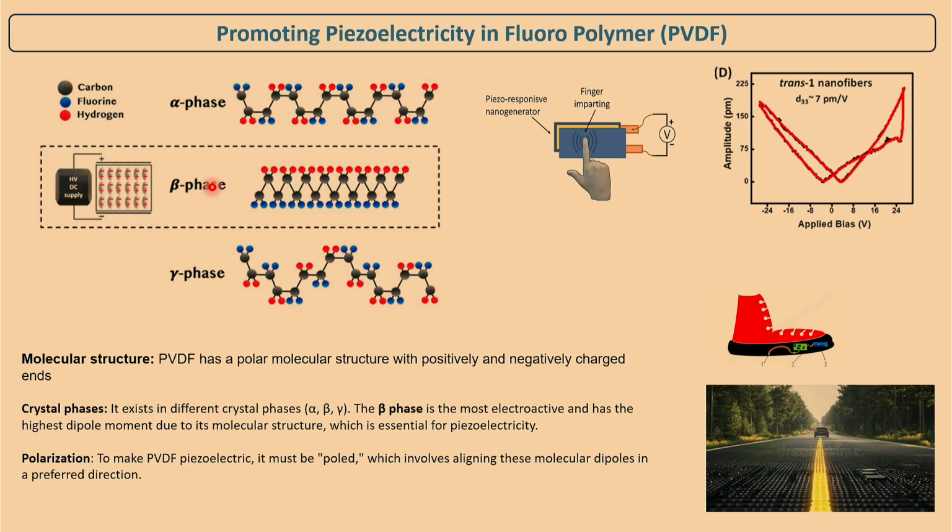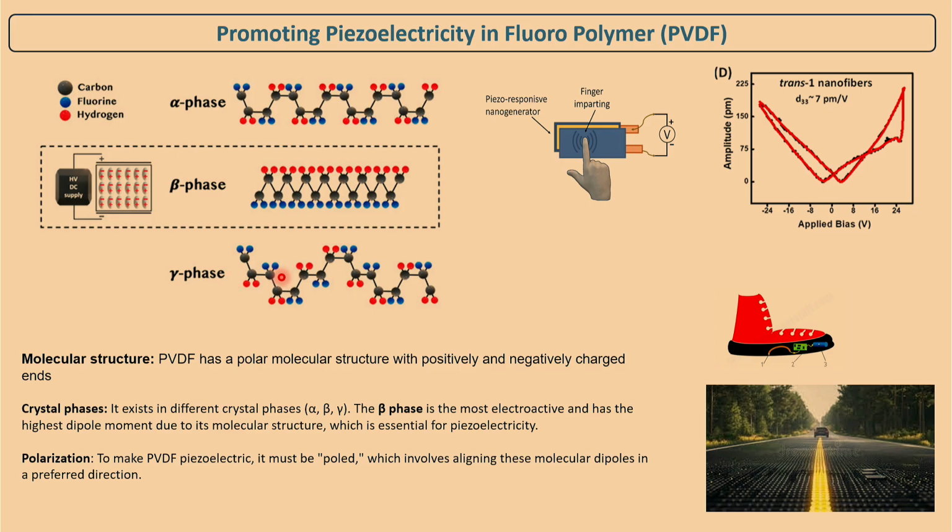And you can see that in the beta phase of PVDF, they have very nice alignment. All the fluorines are on one side, orientation wise, right? Tacticity wise, it will be like that. And because of fluorine electronegativity, there will be a huge dipole creation across, right?